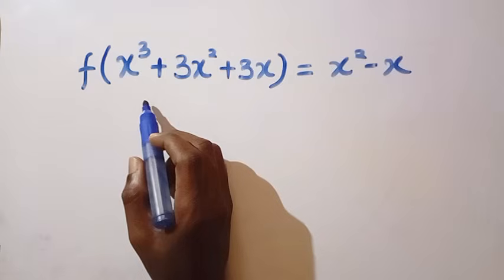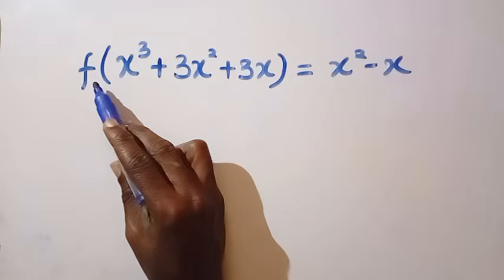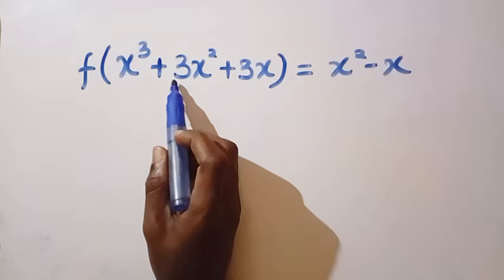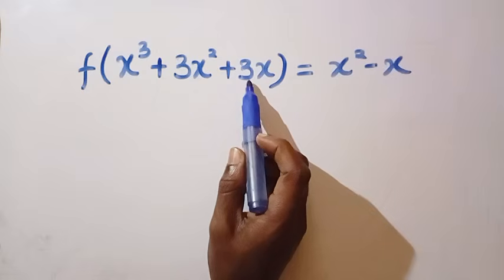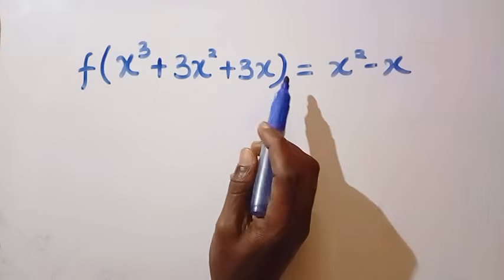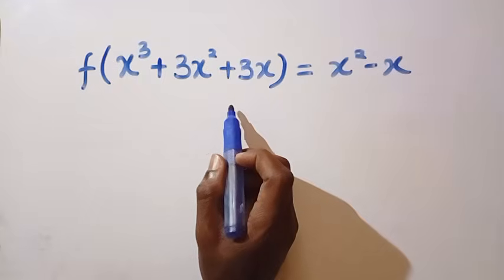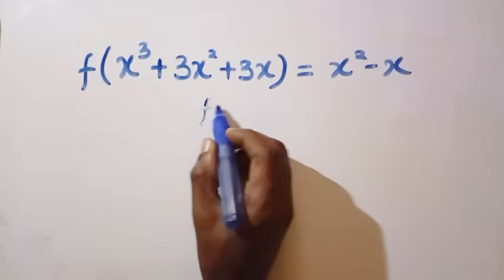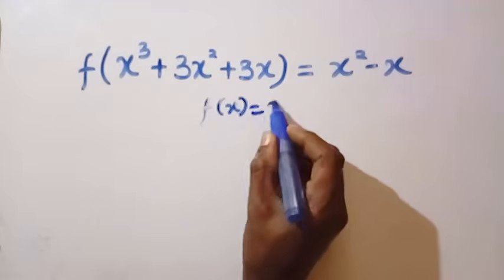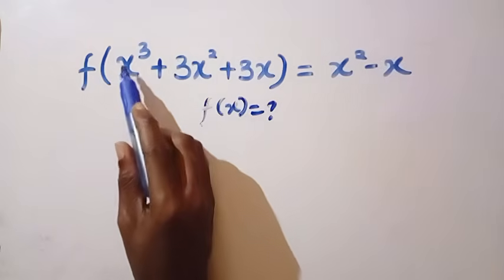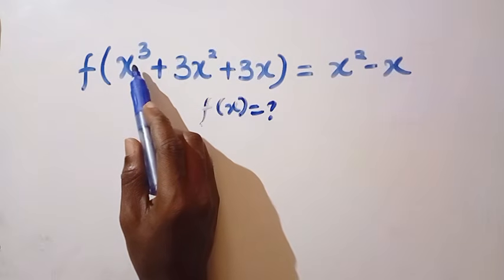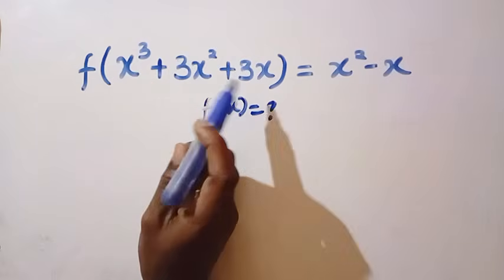How to solve these interesting functional equations: f of (x cubed plus 3x squared plus 3x) equals x squared minus x. We are interested in getting f of x, but the argument is a cubic and the output is a quadratic.